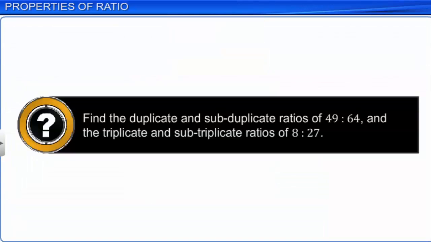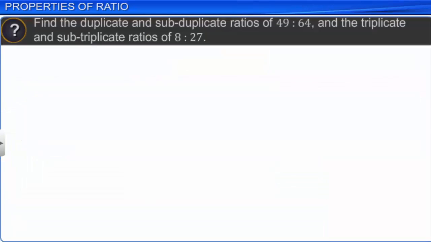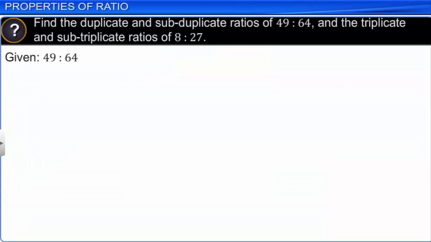Let's look at some examples now. Let's find the duplicate and subduplicate ratios of 49:64 and the triplicate and subtriplicate ratios of 8:27. The given ratio is 49:64. Duplicate ratio is obtained by squaring the two terms.